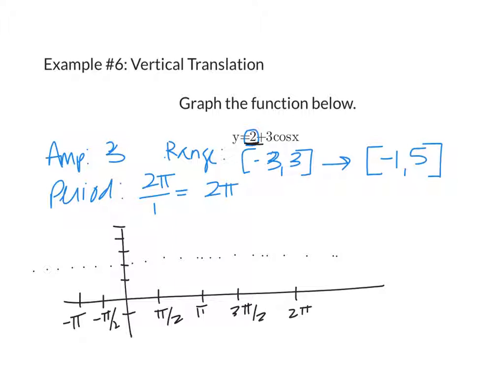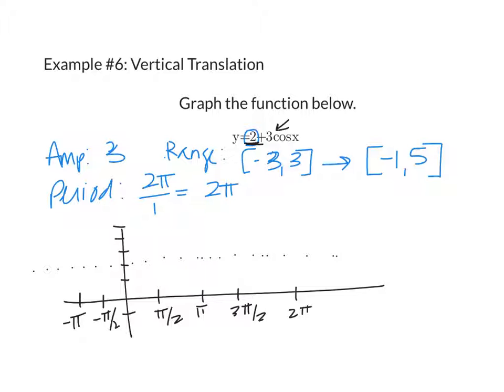Let's get started with the graph. Typically at 0, just a regular cosine of x, I would have 1. However, that 1 is multiplied by 3, which gives me 3, and then I have to add 2.